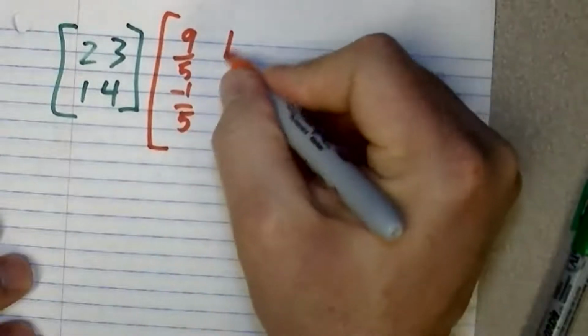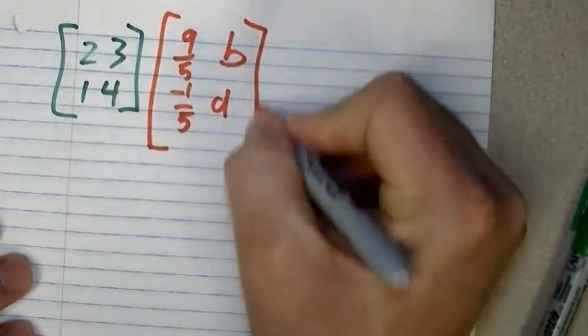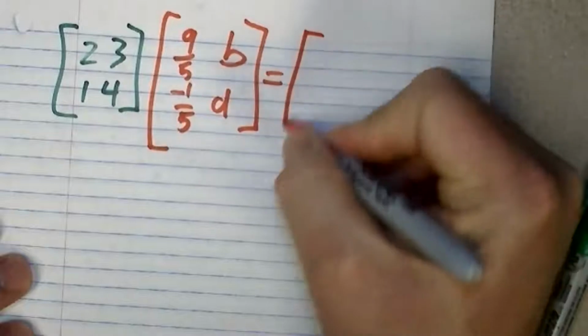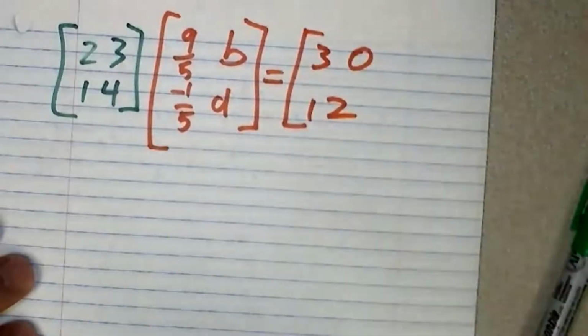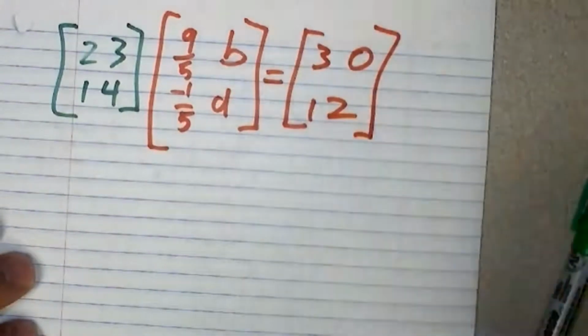And we've got B and D equals 3, 0, 1, 2. All right.